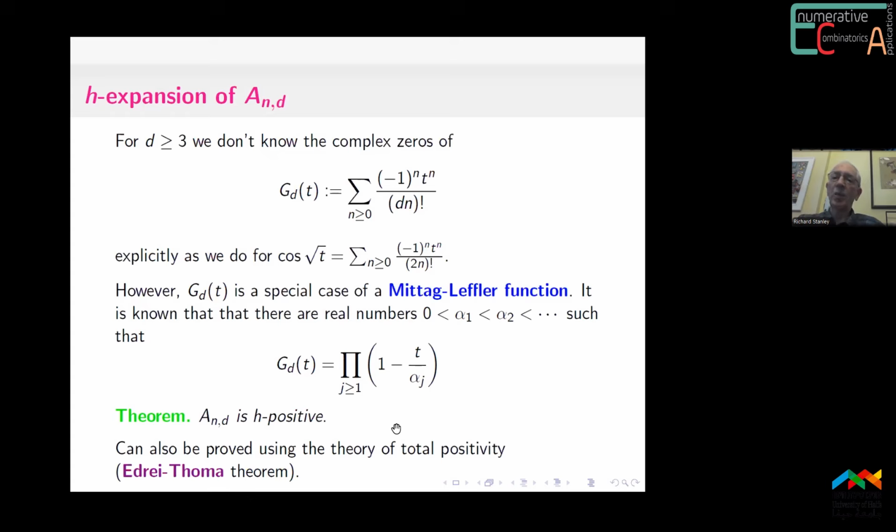It's trivial, using the theory of total positivity, or the main theorem in this subject, the Edrei-Thoma theorem. We don't really need this complex analysis, or really the complex analysis is buried in the statement of this Edrei-Thoma theorem.